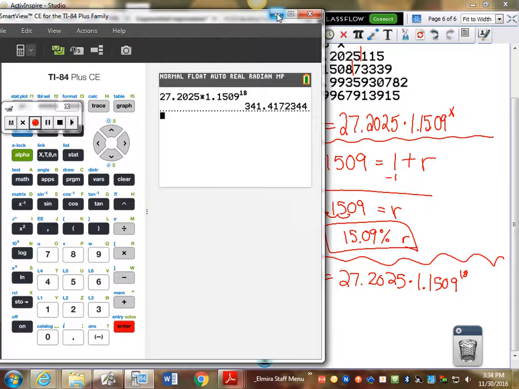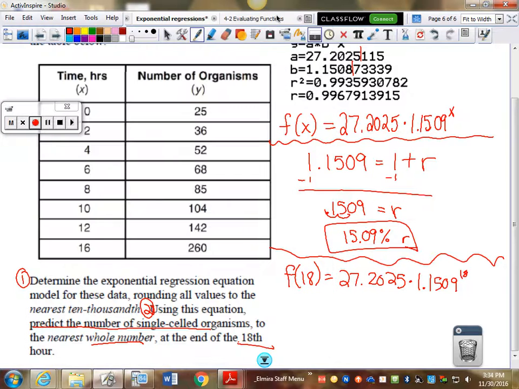They have to be to the nearest whole, so 341.